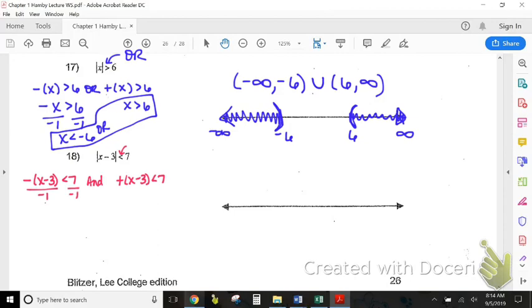You can distribute it, but when you get to some fractions, sometimes it confuses you. So I'm going to go ahead and just divide by that -1 to begin with. And then solve. And no, positive's not going to change it, so it's just x minus 3 is less than 7. And solve it.